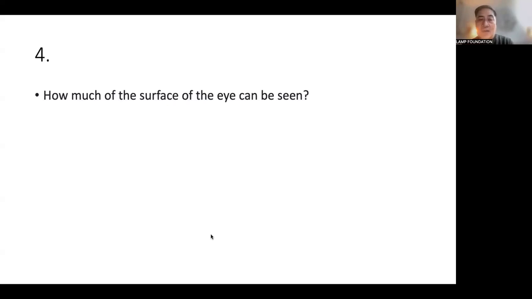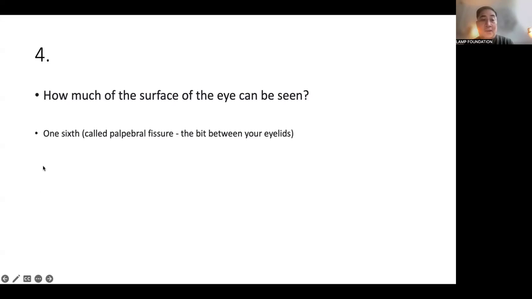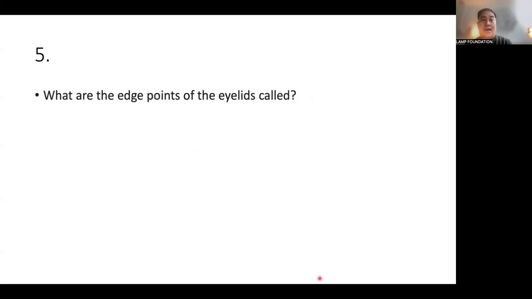How much of the surface of the eye can be seen? 1/6. That's the only thing that you can see through the palpebral fissure. Next, what are the edge points of the eyelids called?